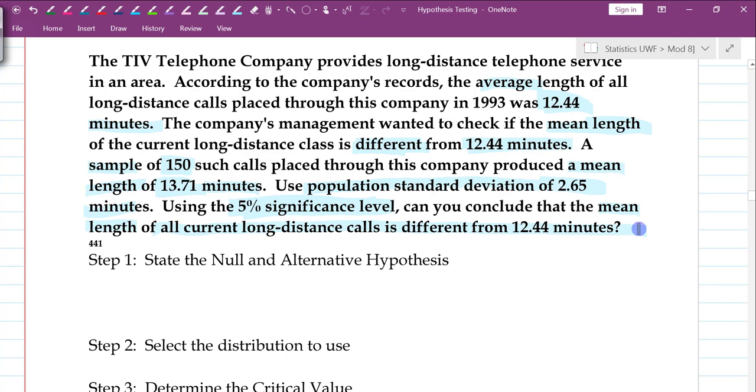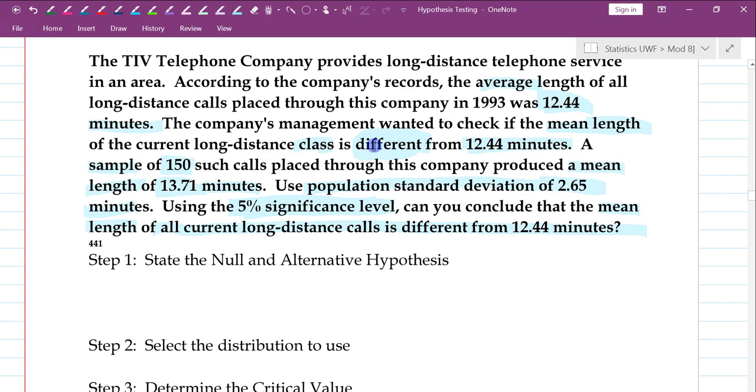As I read through the problem, I highlighted what I wanted you to key in on as important information, okay? We were given originally that the average length of all long distance calls placed through this company in 1993 was 12.44 minutes. That's going to be our mu. It says the company wants to check to see if the mean length of the current long distance calls is different from 12.44 minutes. Different, okay? It could be greater than, it could be less than. I just want to know if there's a difference.